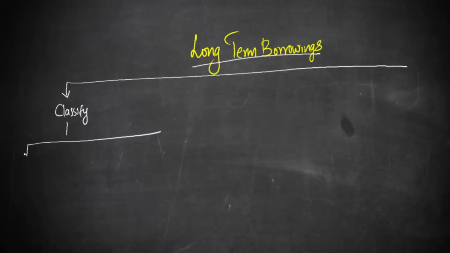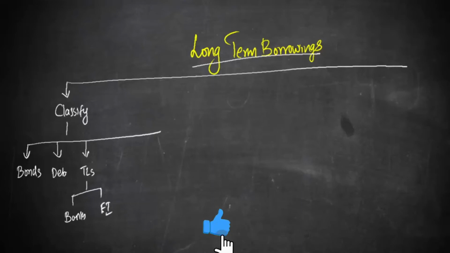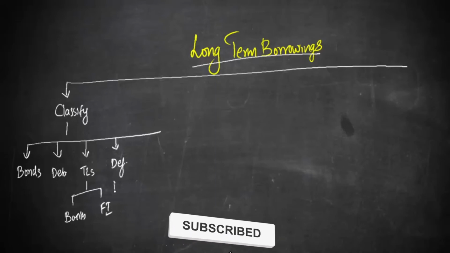So to start with, you can have what is known as bonds, you can have debentures, you can have term loans, and again these term loans can be taken from banks, from financial institutions, or from NBFCs. Then we can have deferred payment liabilities.